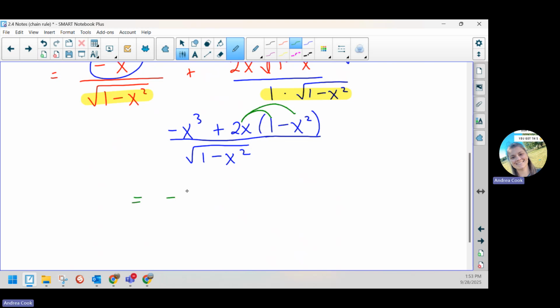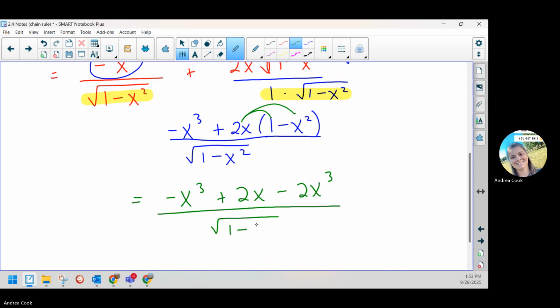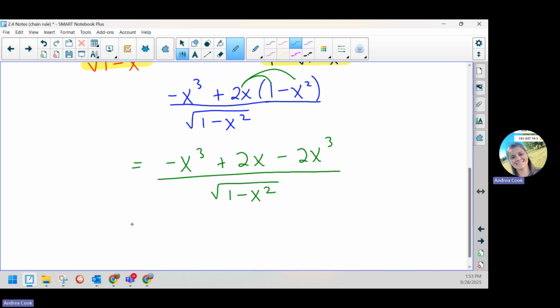So negative x cubed, and then I have those x cubes that I can combine. So negative 3x to the third plus 2x all over the square root of 1 minus x squared.